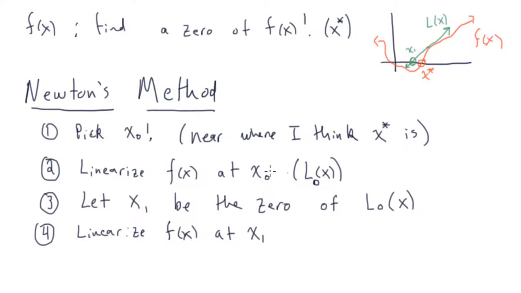So after doing this linearization, I really am hoping that x1 is closer to x star than x0. So then if I linearize f of x at x1, and let's call that L sub 1 of x, the next step is going to be to let x2 be the 0 of that linearization.